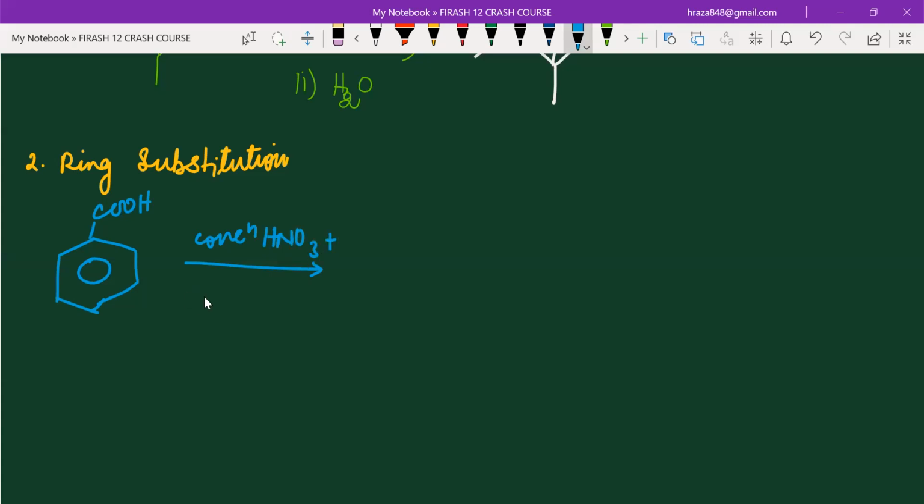What type of resonance, plus R or minus R? If you are going to have this carboxylic acid in resonance, will it take electron from a ring or will it give electron to the ring? It takes out the electron from ring, yes or no?